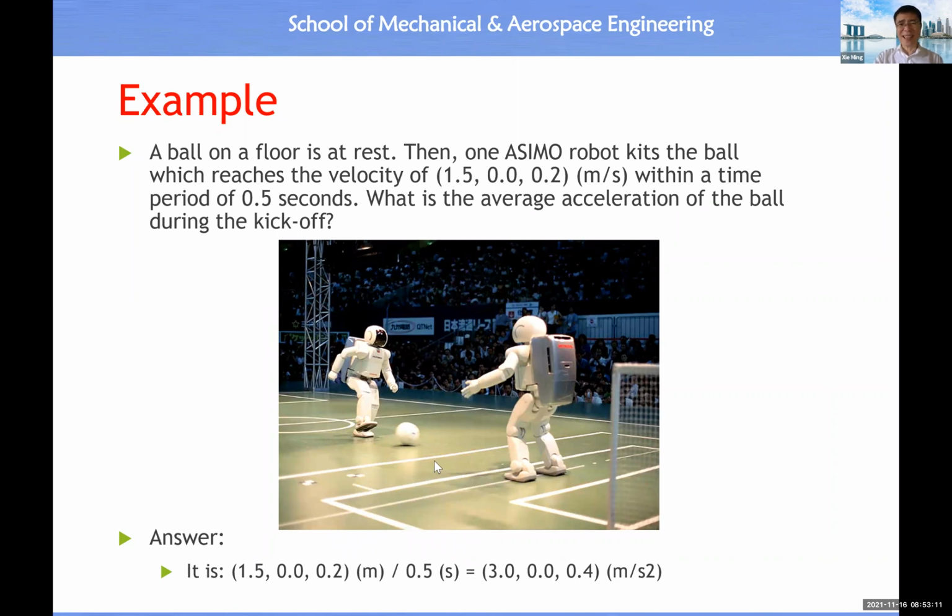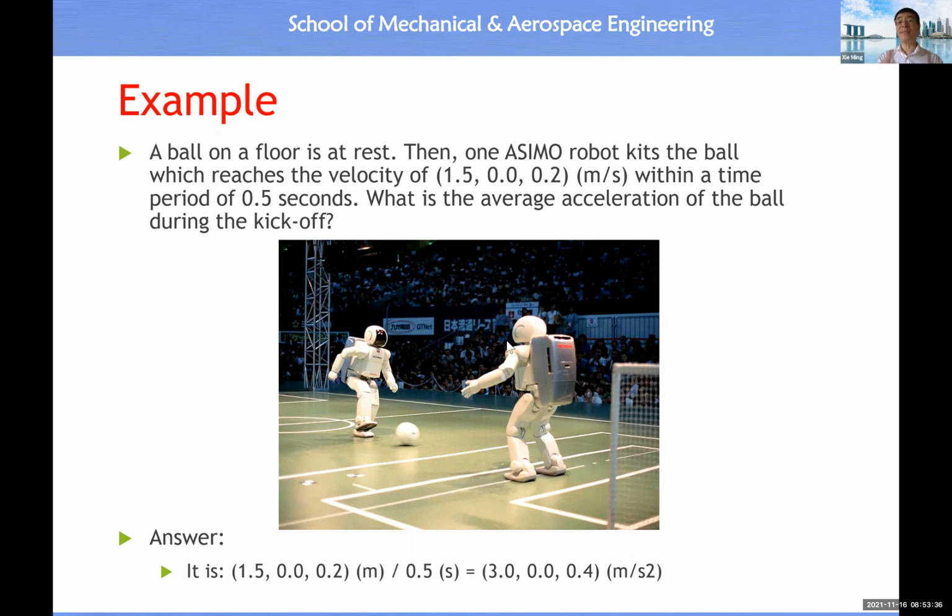In this scenario, the robot will kick off the ball. Assume the ball is initially at rest. Then when the ball takes off, it will reach a velocity of (1.5, 0.0, 0.2) meters per second, and this process occurs within 0.5 seconds.